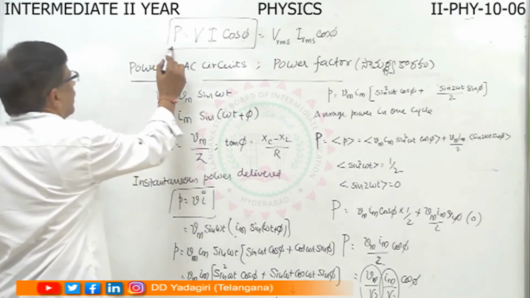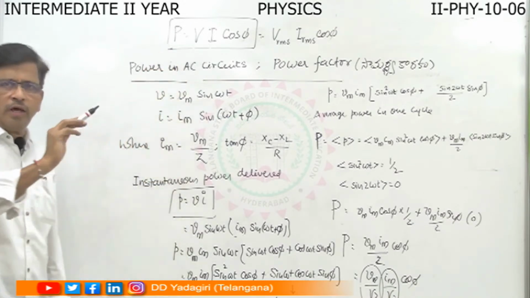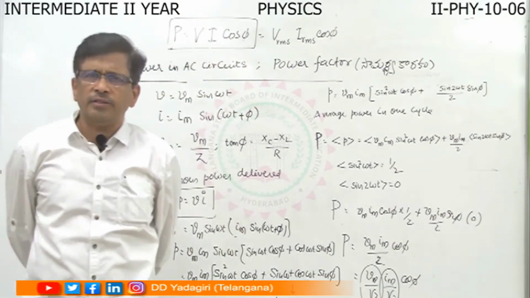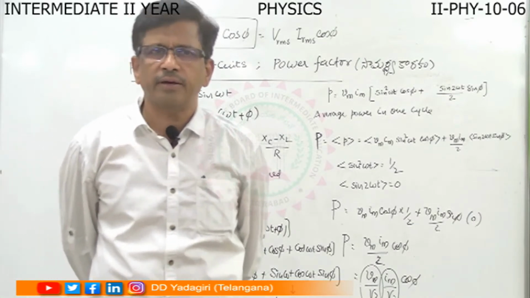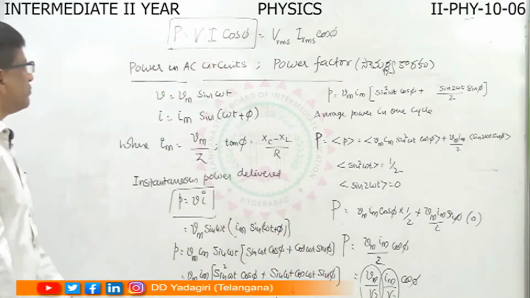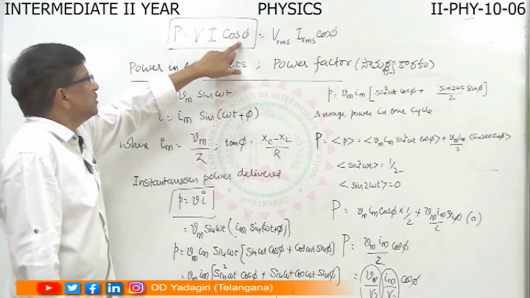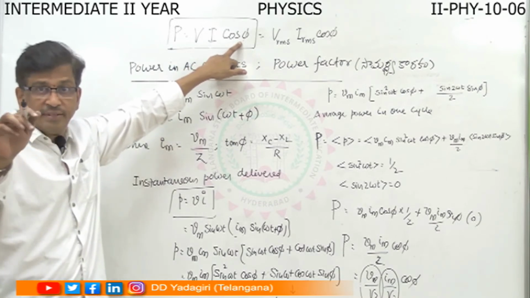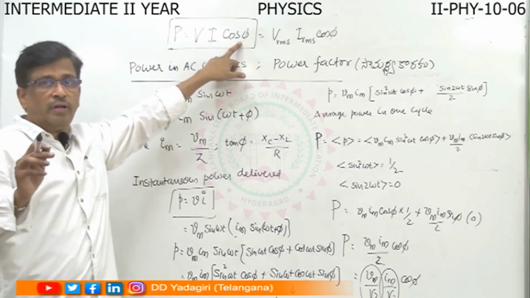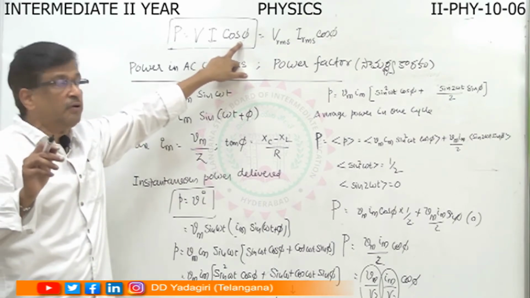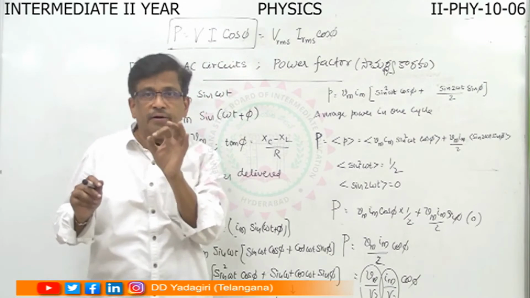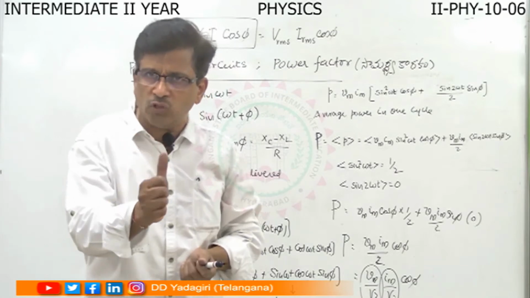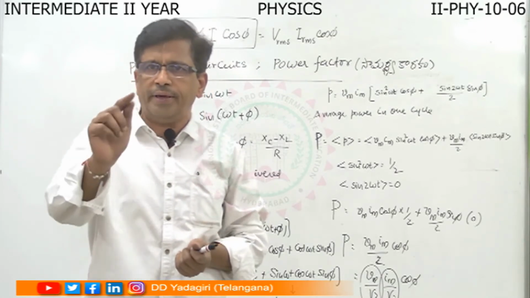So, power in an AC circuit, the general equation for power is VI cos φ. The general equation in any AC circuit is VI cos φ. Let us analyze this equation. Suppose you take a purely resistive circuit, that means only resistance is there. Already you know, in a resistive circuit, the phase difference between voltage of the source and current in the circuit is 0.